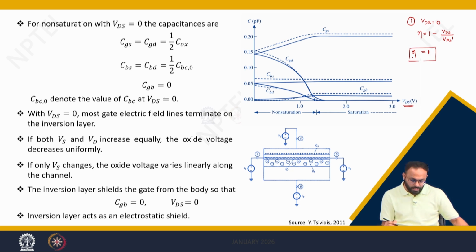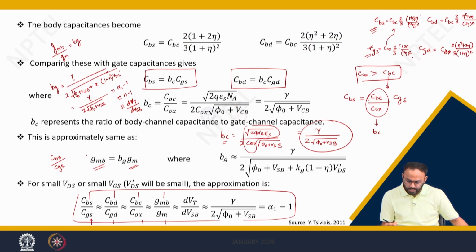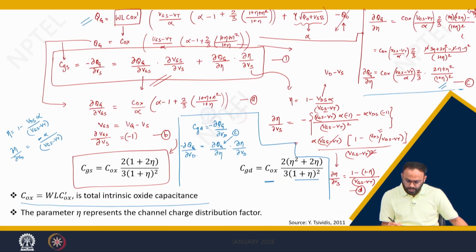Now you go back and calculate CGS, CGD, CBS, CBD by putting eta is equals to 1. So let us consider if I put eta is equals to 1 here, this will give me what? 2 by 3 into 1 plus 2 divided by 1 plus 1 whole square into COX, which is nothing but 2 into 3 divided by 3 into 4.